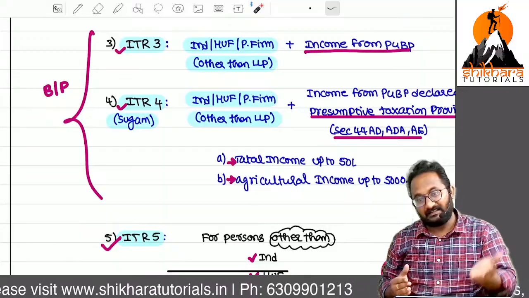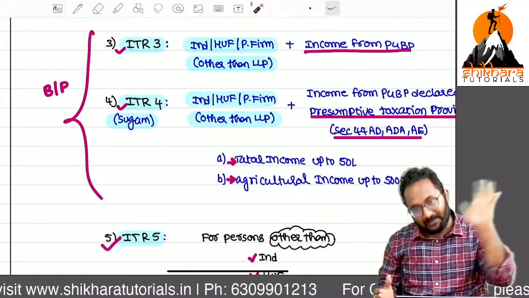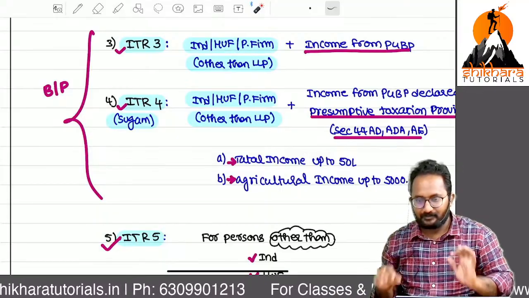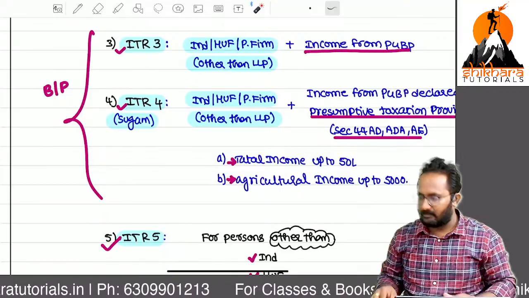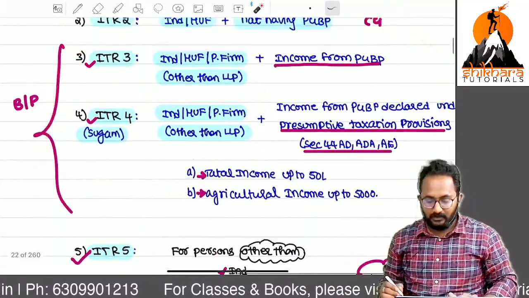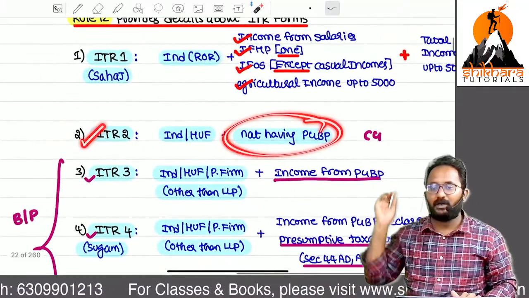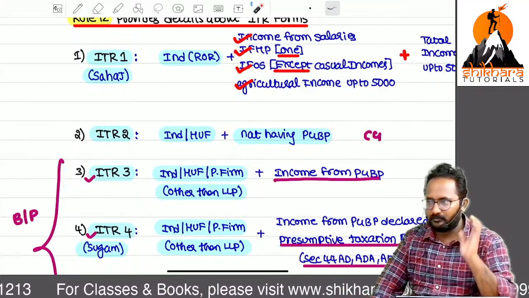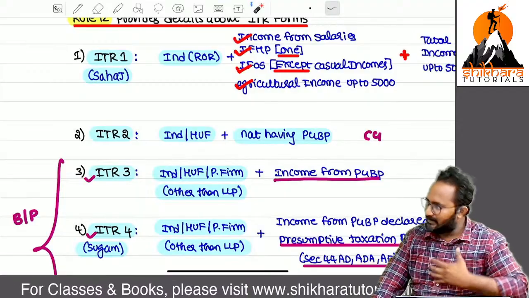An individual having PCBP income and capital gain income: ITR-3. Only capital gain, business along with any combination, you have to file this only, ma. Not having business income, then only ITR-2. Okay, I will ask one more. Individual. Okay, salary income is there.